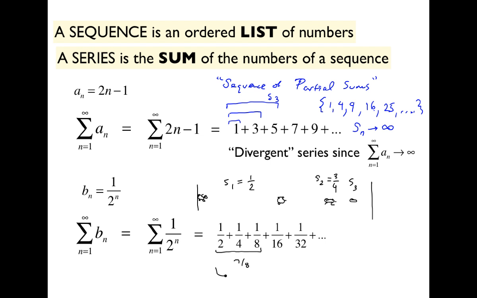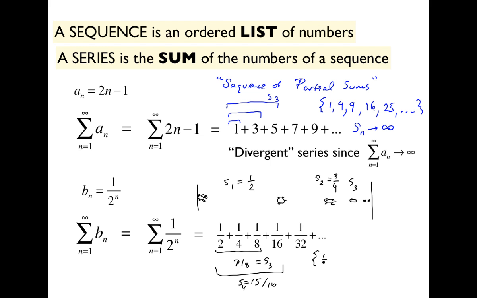S4 is 15/16. So take 7/8, you add 1/16. So this was S3. This is S4. 15 over 16, and then S5 would be 31 over 32.